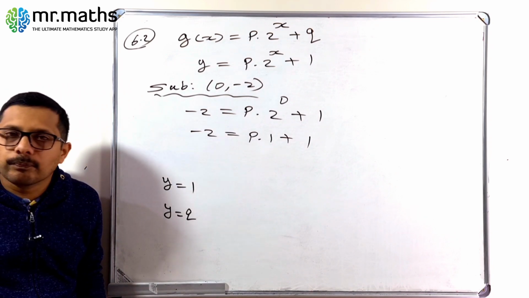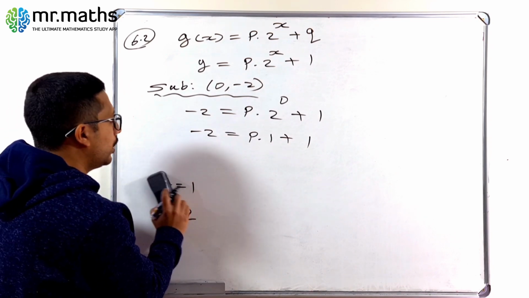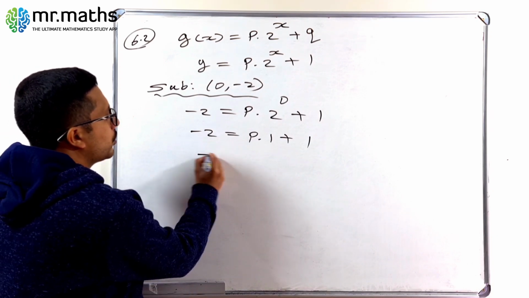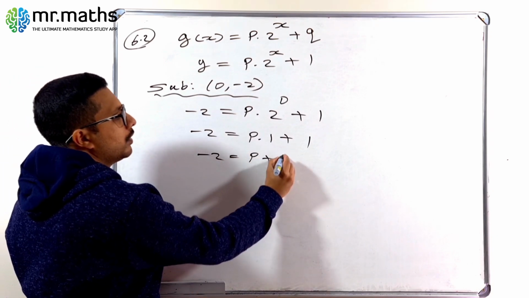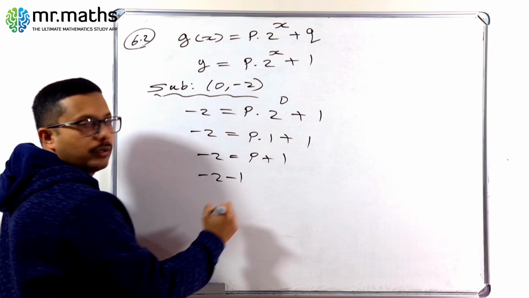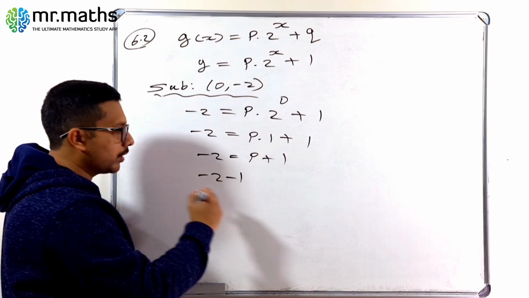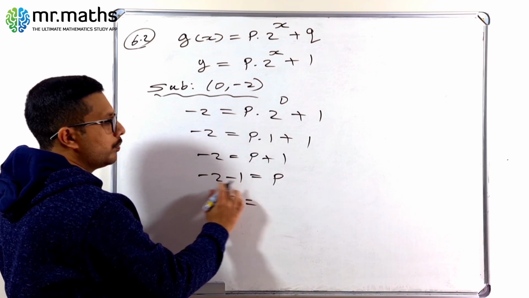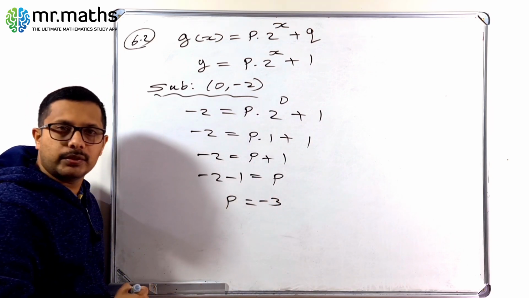P times 1 is p. So now minus 2 is equal to p plus 1. Take this 1 to this side. So minus 2, 1 on the other side, it is minus 1. So it is equal to p. Or p is equal to minus 2 minus 1, which is minus 3.